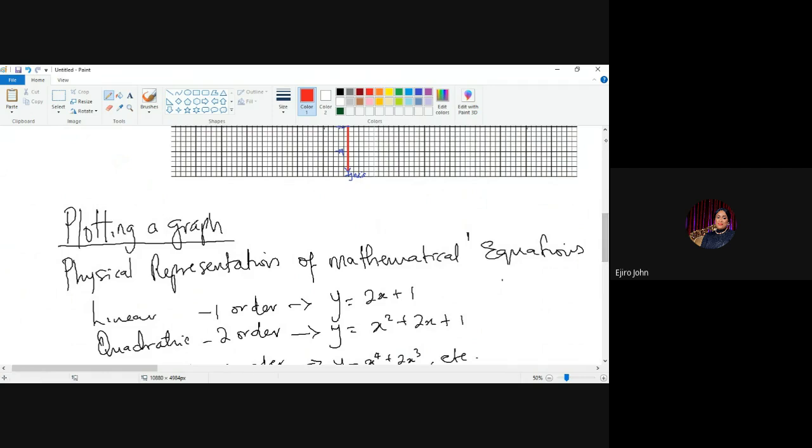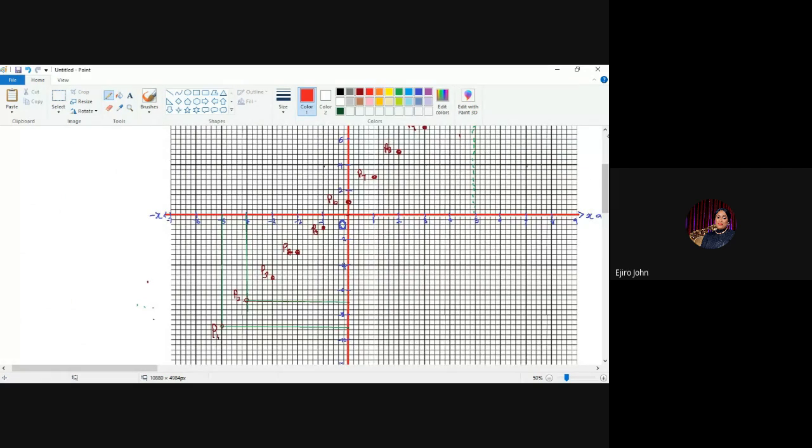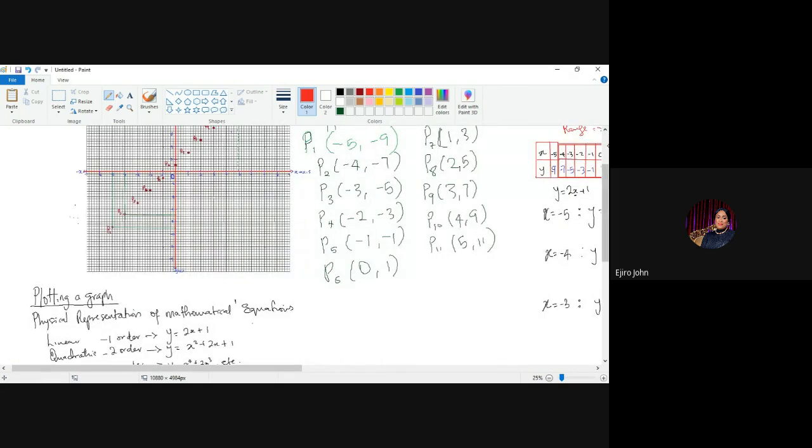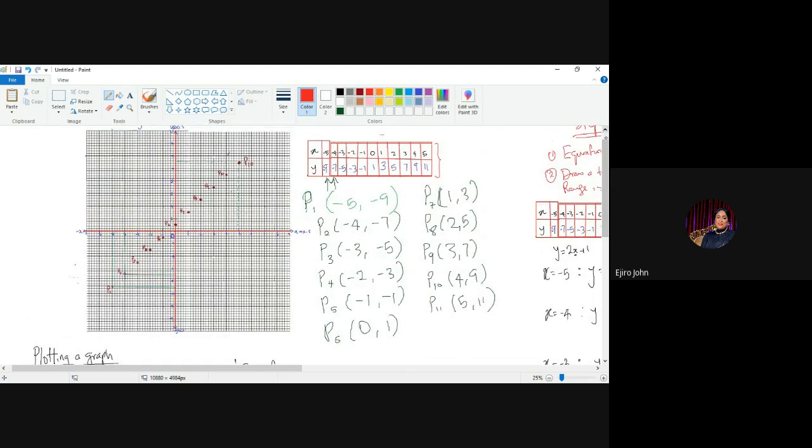Sometimes, depending on the kind of equation, if it's a linear equation, you're expected to have a straight line graph. If it is a quadratic equation, you're expected to have a curved line. If it is a polynomial, with powers higher than 2, it's going to look like a parabola.